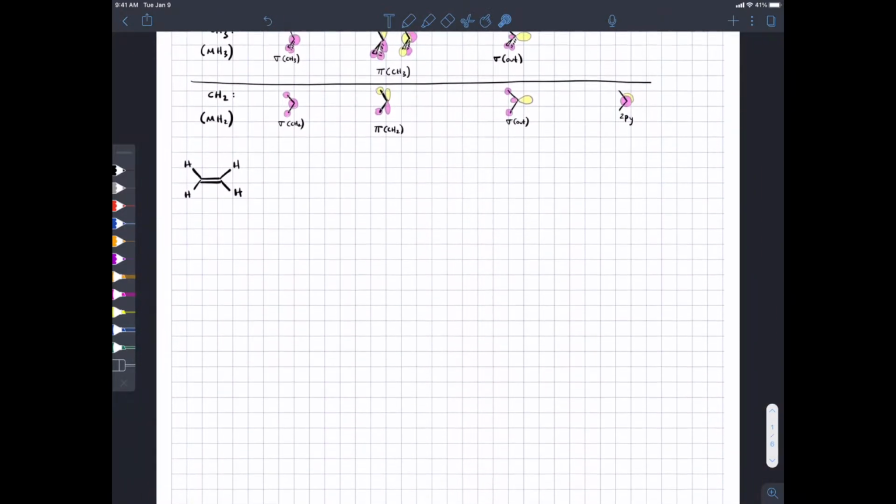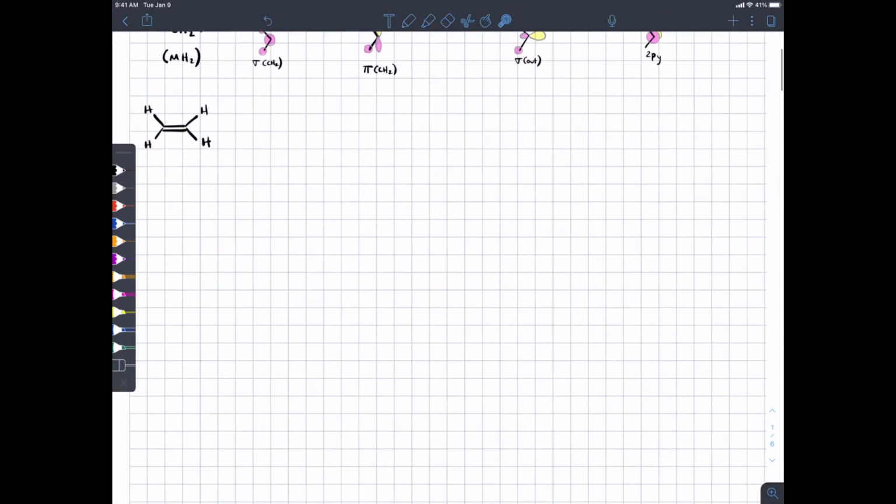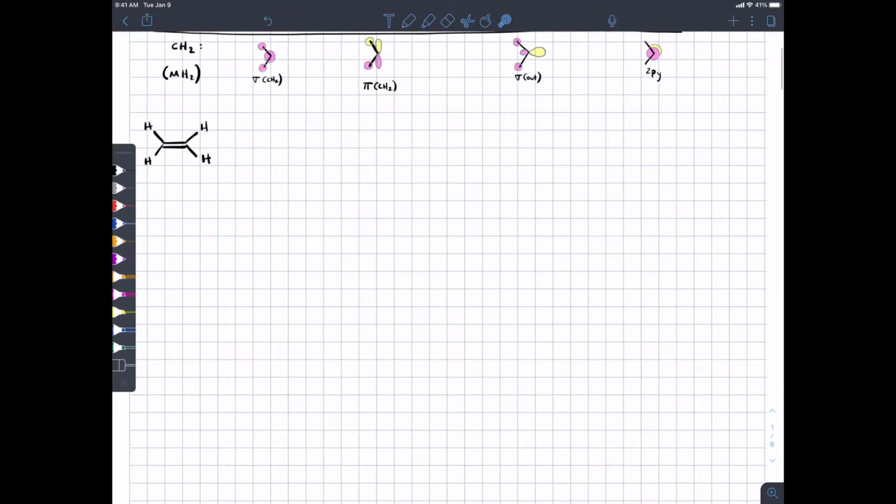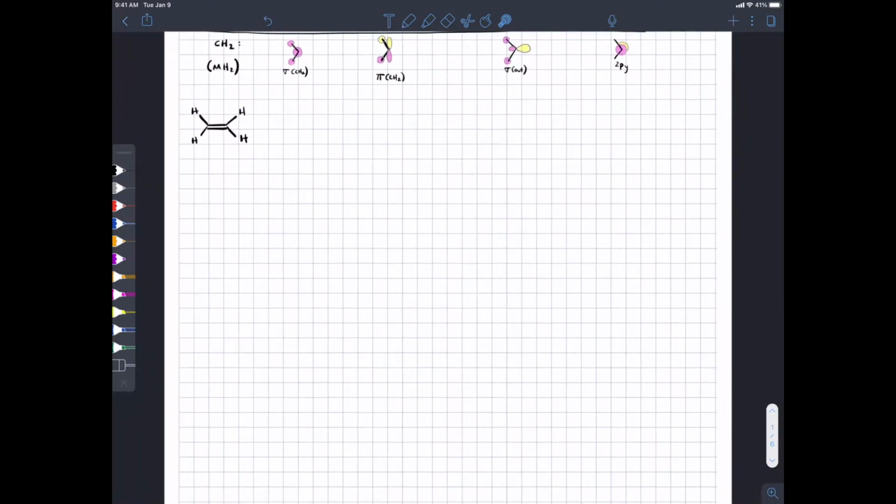Okay, so let's talk about how we might combine the individual group orbitals together to get molecular orbitals for a set of molecules. In this discussion, I'm not going to redraw what these orbitals look like because we have them up here.